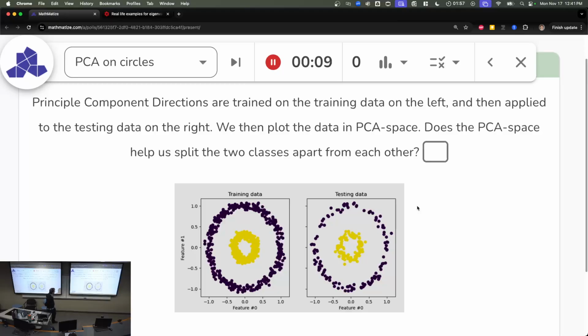I want you to visualize what would happen if we applied PCA to these data points. Principal component directions are trained on the training data on the left, and then used to try to build a classifier for the data on the right. So we do principal components to remap this space and try to help us out. We plot the data in PCA space. Does the PCA space help us tell the two classes apart?